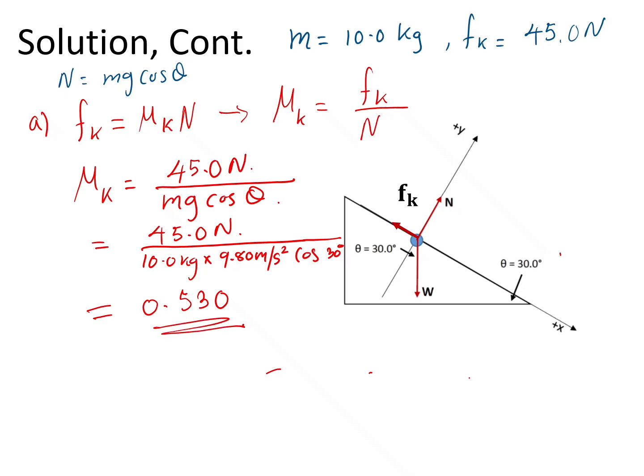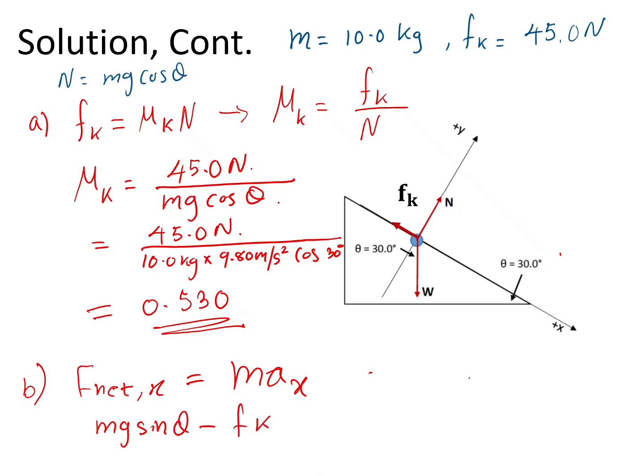And for part B, we have to find what is the acceleration of the block. So the acceleration of the block can be found using Newton's second law. So F net in x direction is equal to mass times acceleration in x direction. So the net force will be mg sine theta minus fk, and that will be equal to mass times acceleration in x direction.